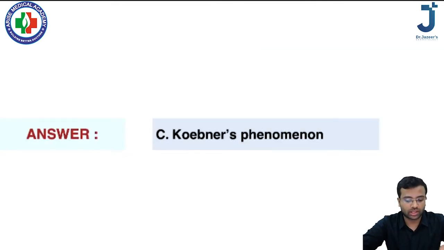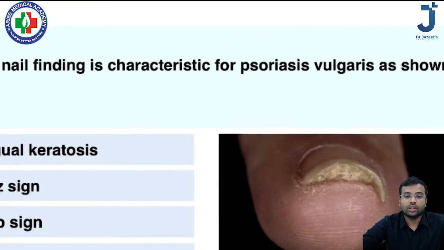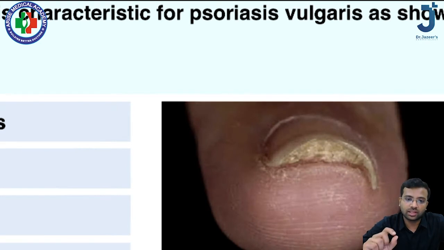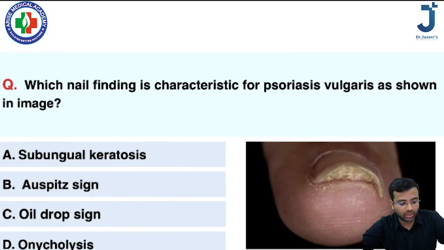Going to the next question: which nail finding is characteristic for psoriasis vulgaris as shown in the image? Look at the image properly. You can see that there is a thickening beneath the nail. This thickening is called subungual hyperkeratosis, and it was given in the options.